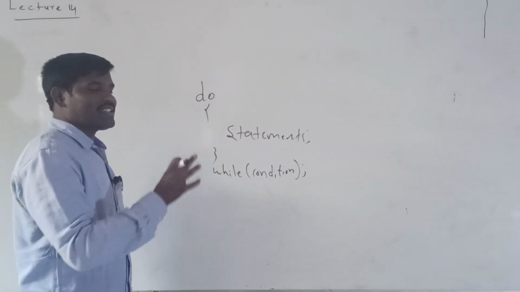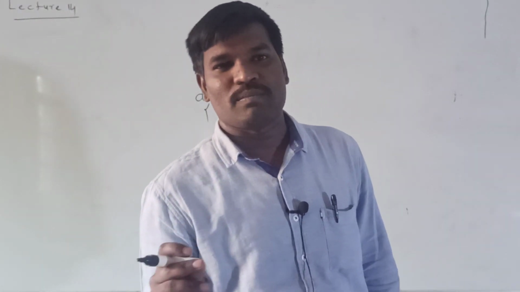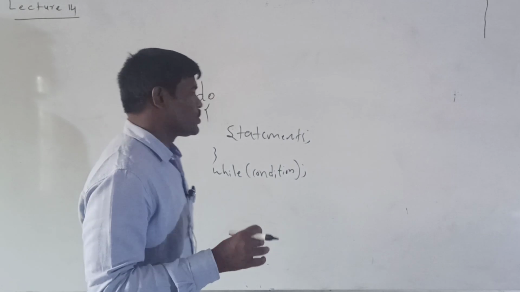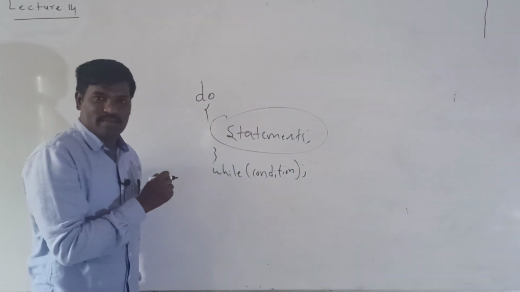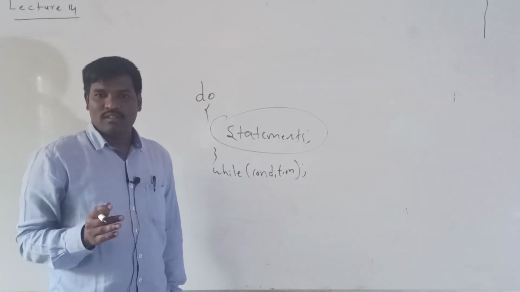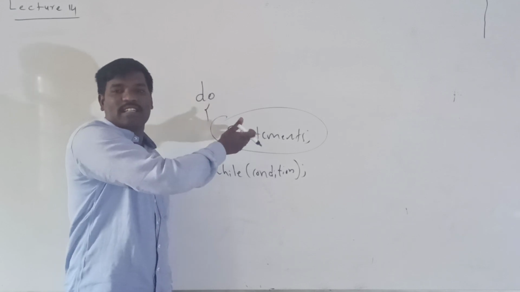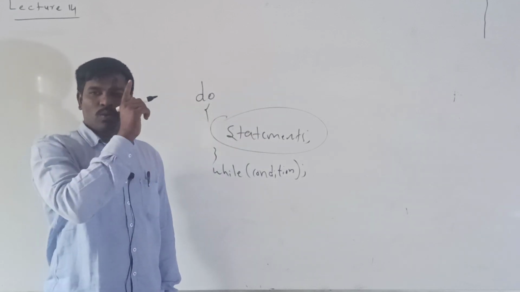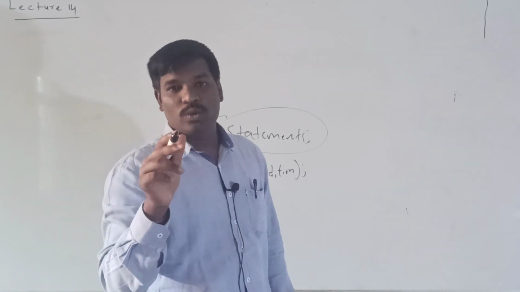So it means that in the while first we check the condition, after that statements will be executed, but in the do while case first directly the statements will be executed compulsorily, without checking the condition. So once guaranteed to execute the statements in do while.